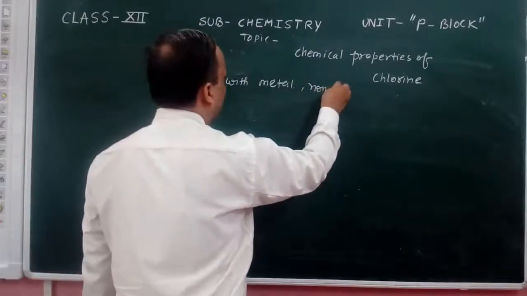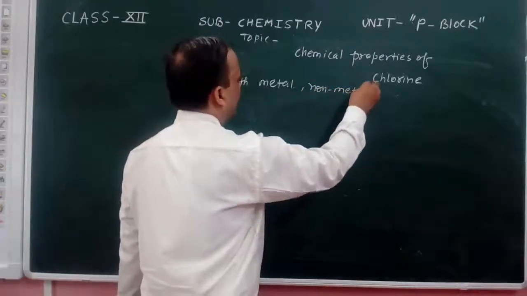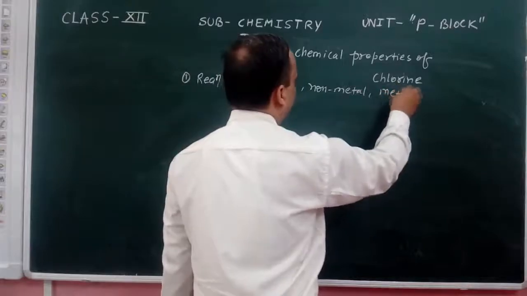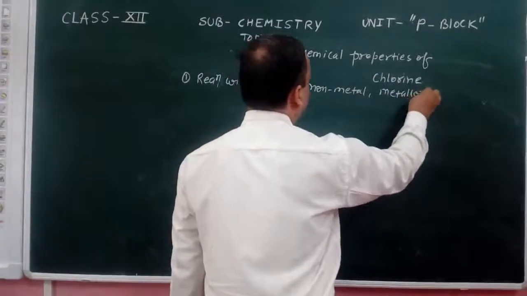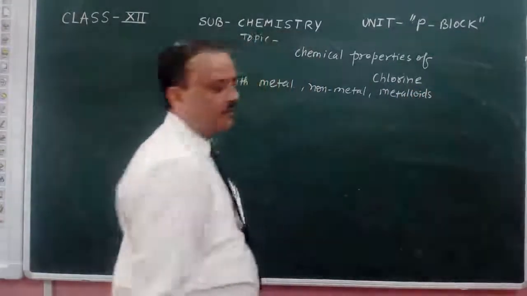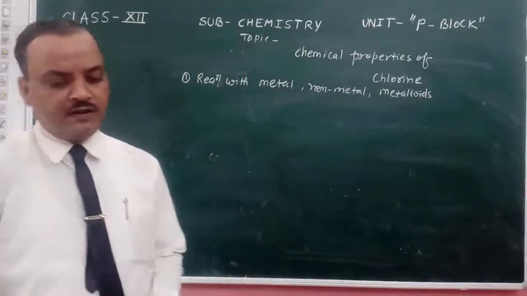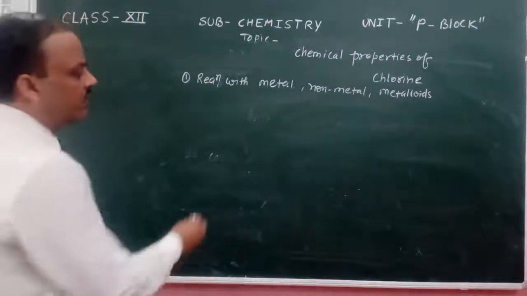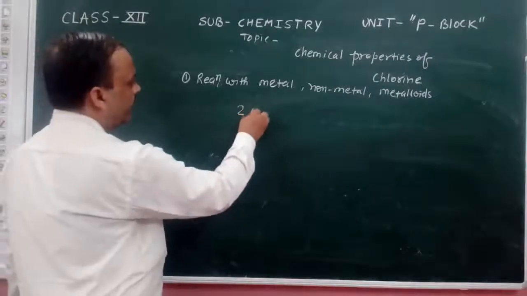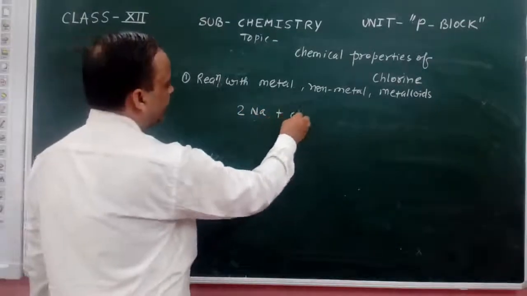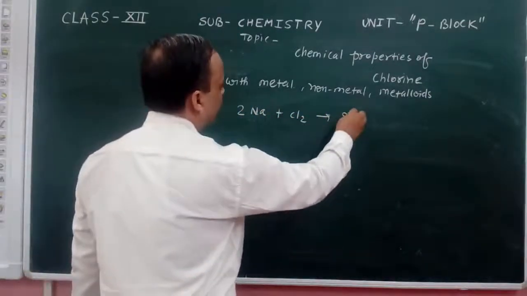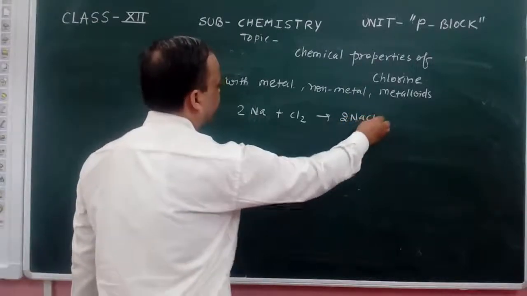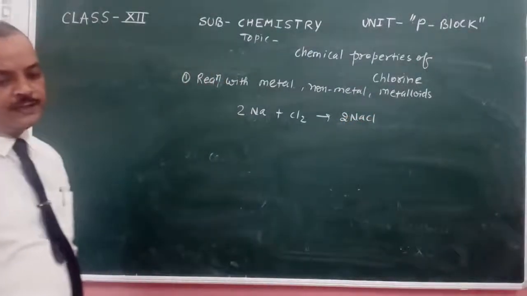Reaction with metal, non-metal, and metalloids. So, what condition do we have? 2Na plus Cl2 gives 2NaCl.